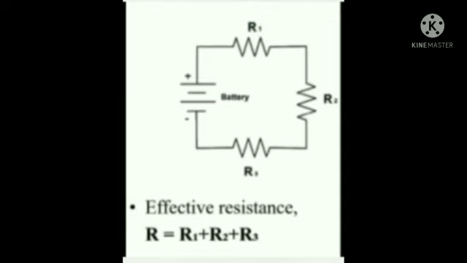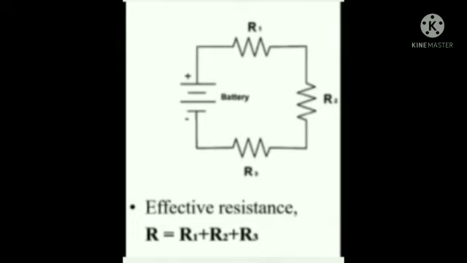Okay. This is also a figure for series connection. How can we identify that it is a series connection? Just look from positive to negative, current flows from positive to negative. We have a journey from positive to negative.